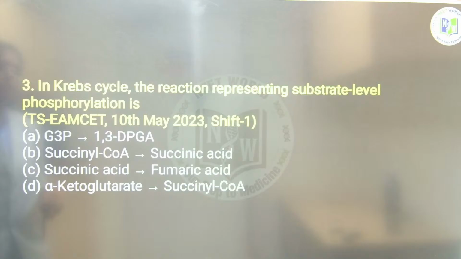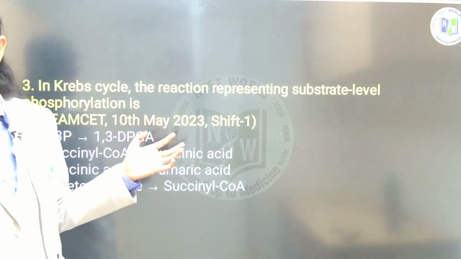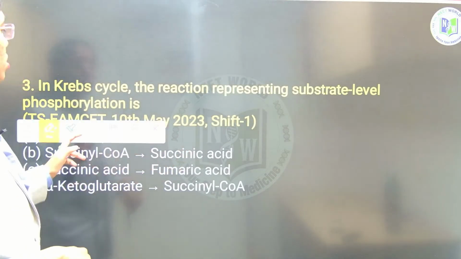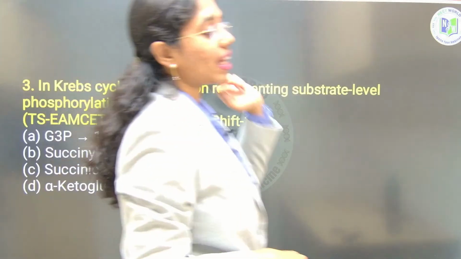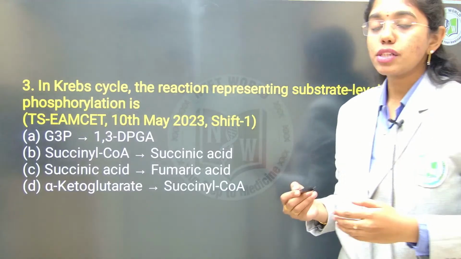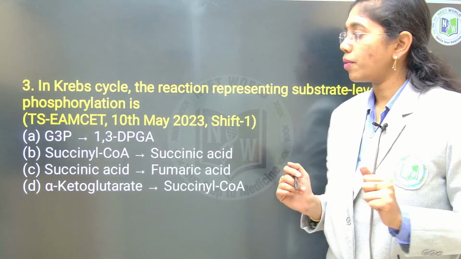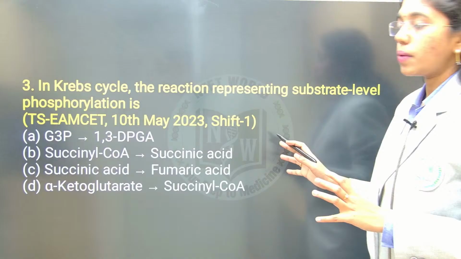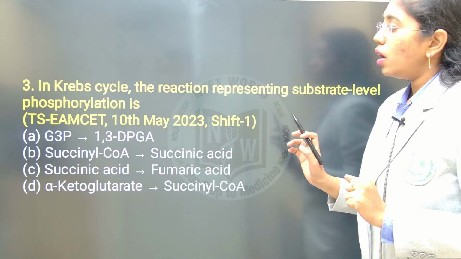Next question. This is again from the TCA cycle. If you look into EAPCET PYQs, a whole lot of questions are put on the TCA cycle itself. Many questions are asked from the Krebs cycle itself. That important is this phase of aerobic respiration. Look here.